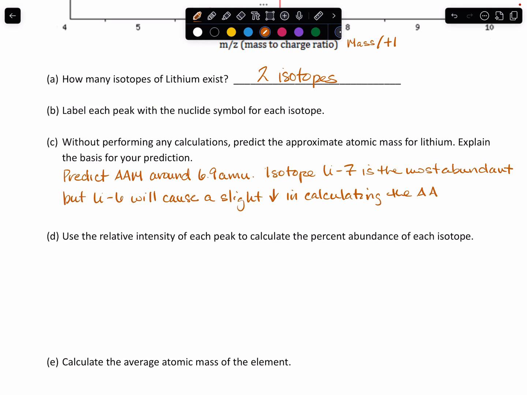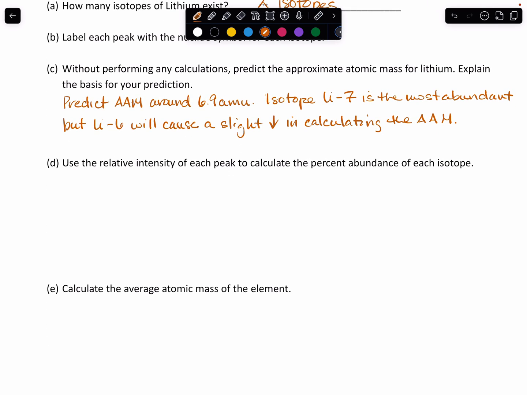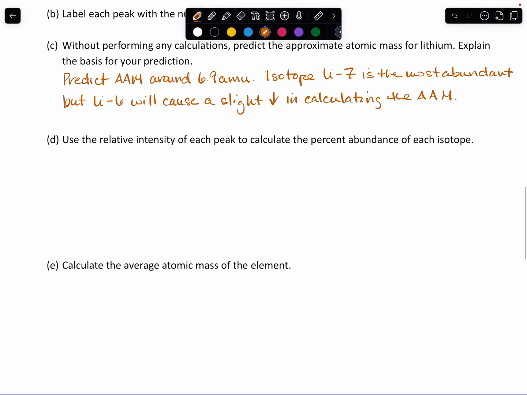All right, now it says use the relative intensity of each peak to calculate the percent abundance. So we're going to start with that to calculate percent abundance. All right, so let's start with the percent abundance and we'll do lithium 7 first.